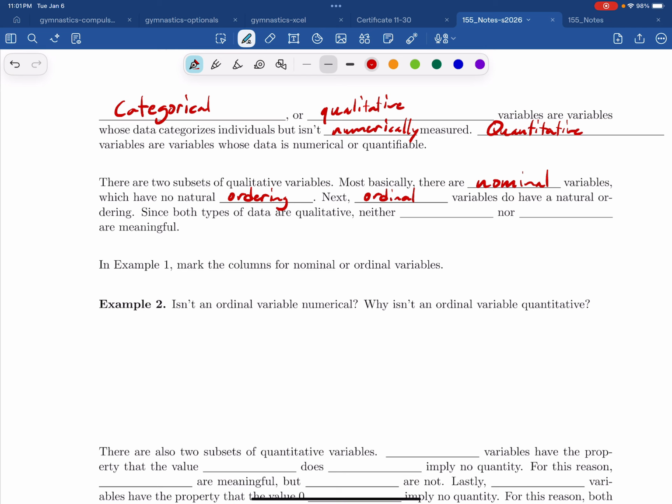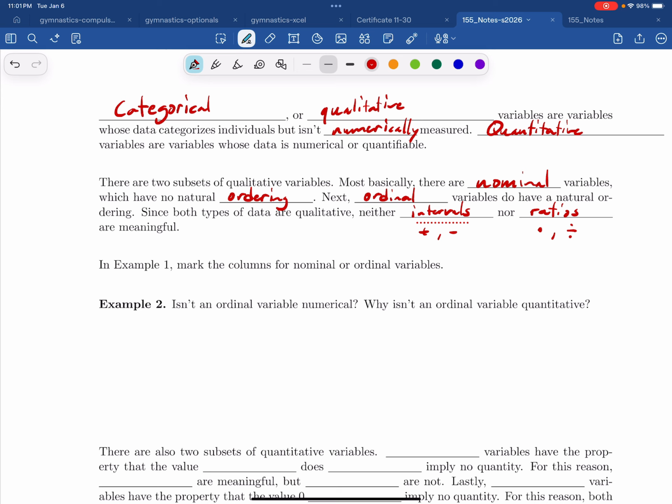Because they're qualitative, neither intervals nor ratios are meaningful, right? And when I say intervals, I mean addition and subtraction, and for ratios, I mean multiplication or division, right? Those operations are just not meaningful when we're talking about these kinds of variables, okay?